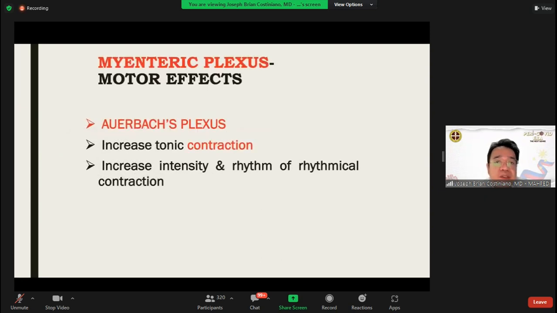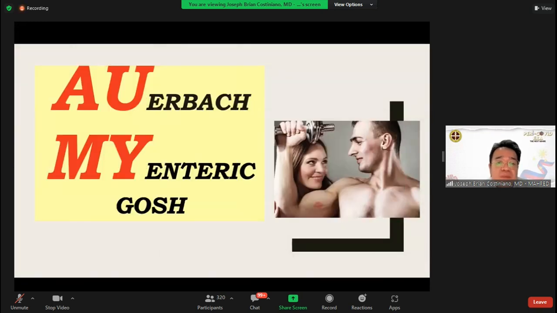Motor effects: you have your Auerbach's plexus, the myenteric plexus, which is motor, so increase in your tonic contraction, rhythmical contraction, and intensity of the contraction. Meanwhile, your Meissner's plexus is for secretion. Because myenteric is muscle contraction.